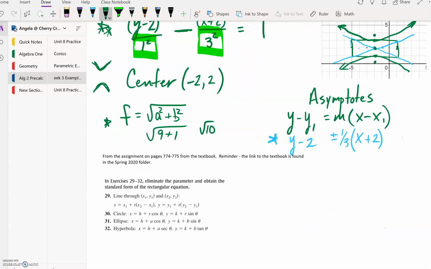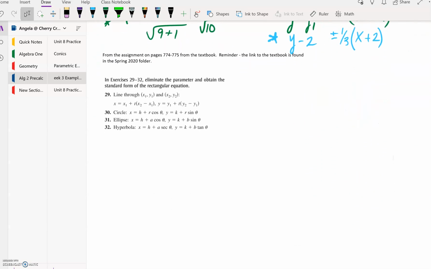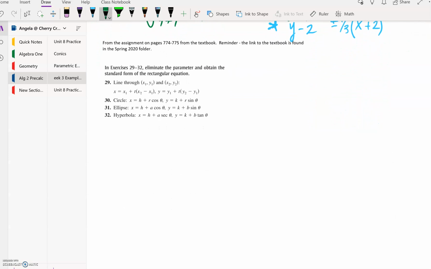As we scroll up, I'm going to do one more problem with you. And this is the assignment. It is from pages 774 and 775. And the problem numbers are actually on the assignment link in Schoology. Number 29 was one of the problems.